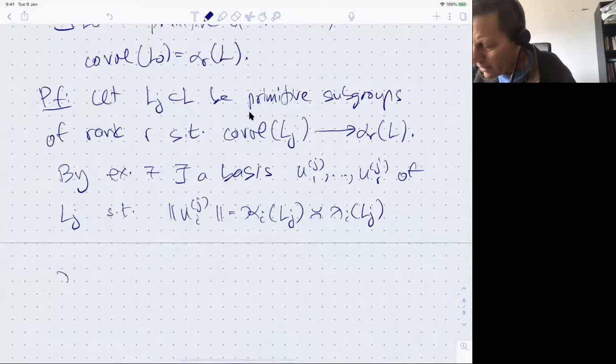And again, we have the inequalities that we had before.